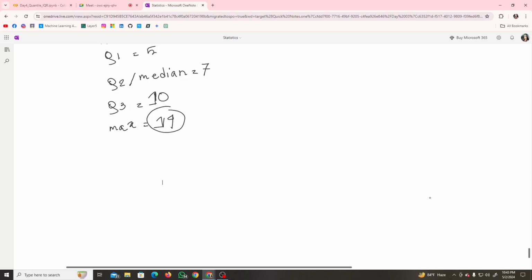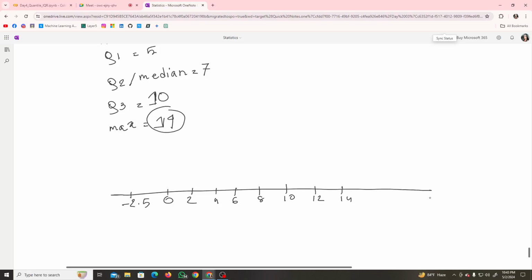Okay, let's draw it from the beginning. Let's say this is your number line. You have to first put your lower fence, which was minus 2.5. Then let's say you have 0, then we have 2, 4, 6, 8, 10, 12, 14, 16, 18, 20, and it goes on and on.